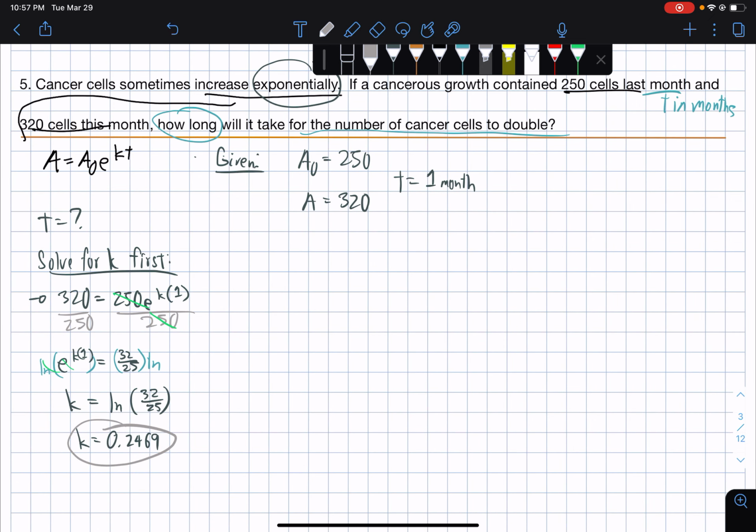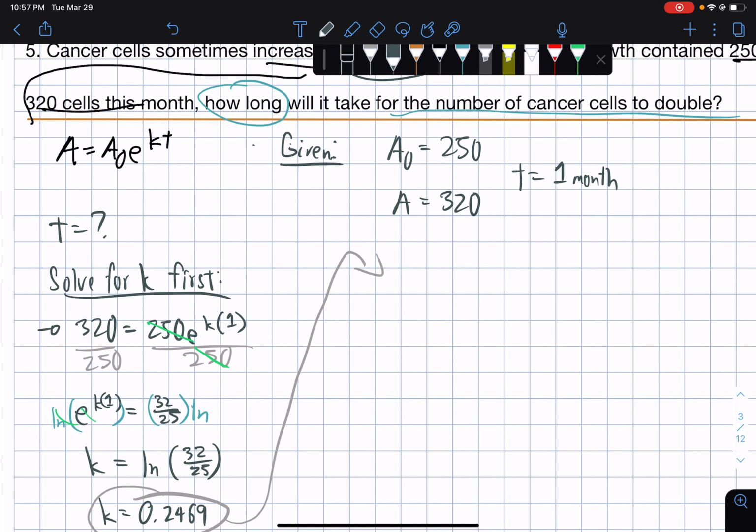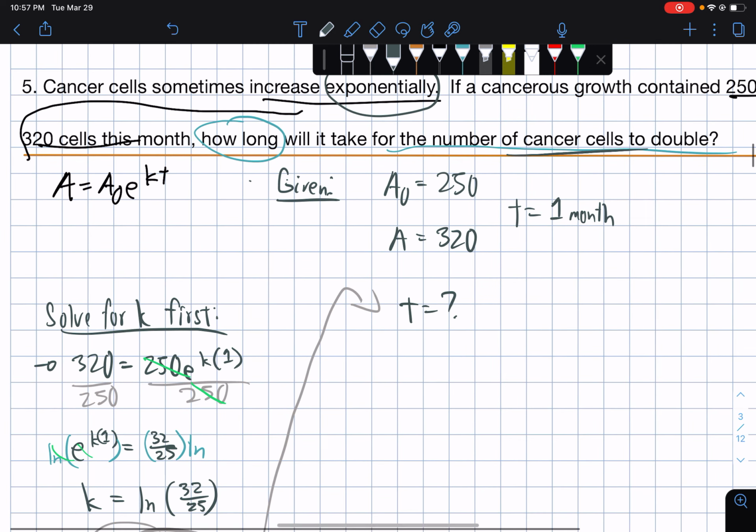So now that we know k, let's start with the real solving. How long will it take? So the question asks t is equal to what? How long? And provided that the number of cancer cells will have doubled, A is equal to 2AO.